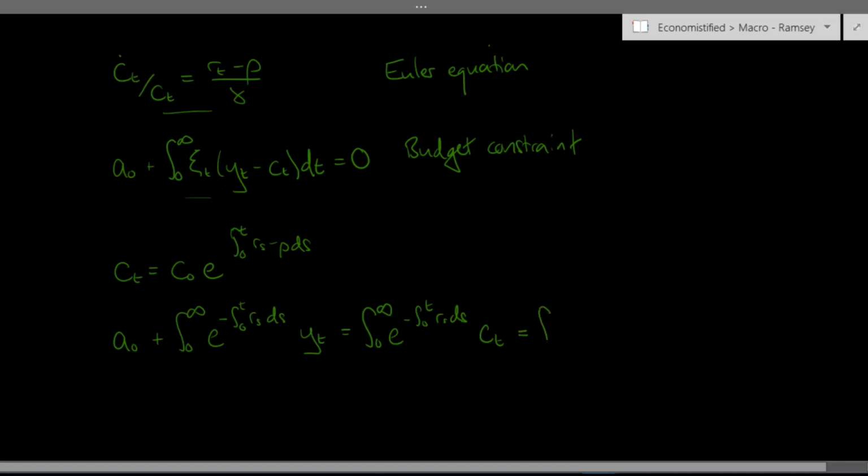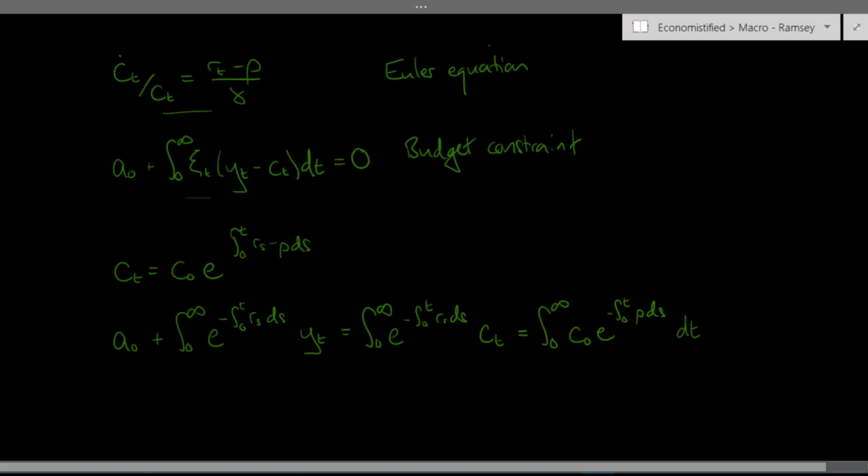I'll just write it here. And we just get this expression. But this looks complicated because we've got nested integrals here, but actually none of the expressions inside the integral depend on the variables that are being integrated. So rho is just a constant, it doesn't depend on s, so we can evaluate that integral very simply.